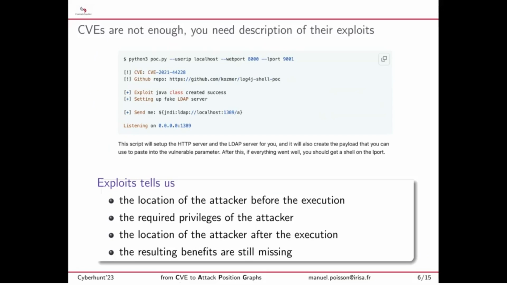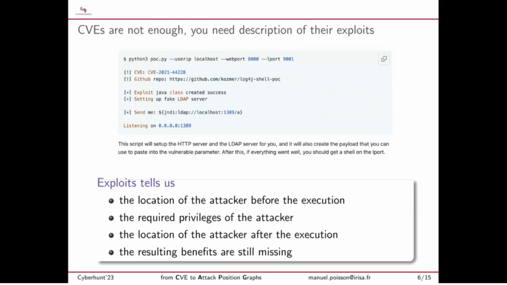In particular, they tell us where the attacker is located before the execution of the CVE, what privileges are required for the attacker to exploit the CVE, and what the attack position will be after the CVE. However, we don't have the resulting benefits of the CVE exploitation just by looking at and understanding the exploit code.